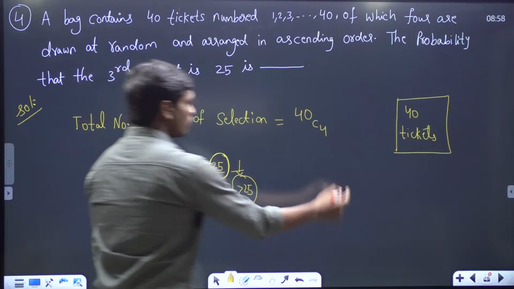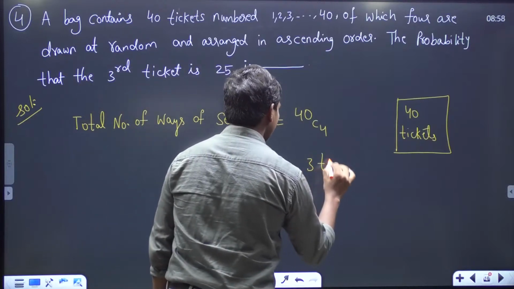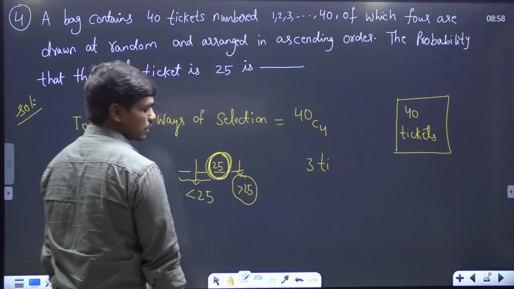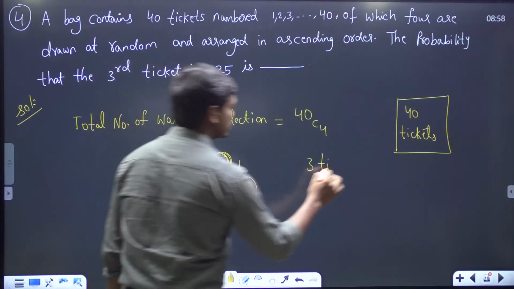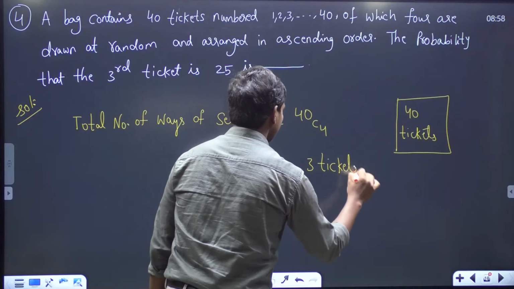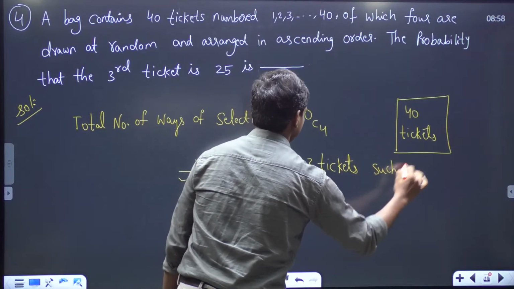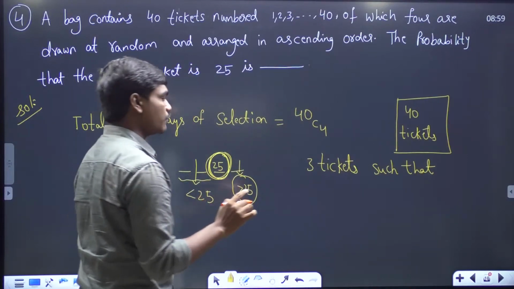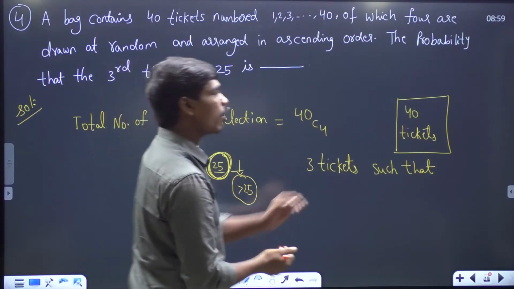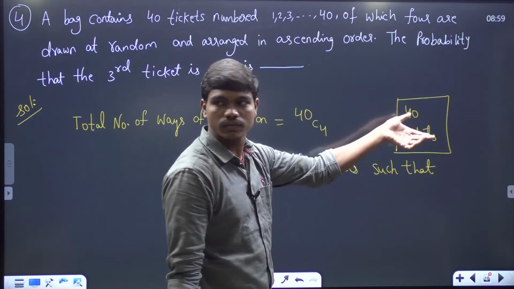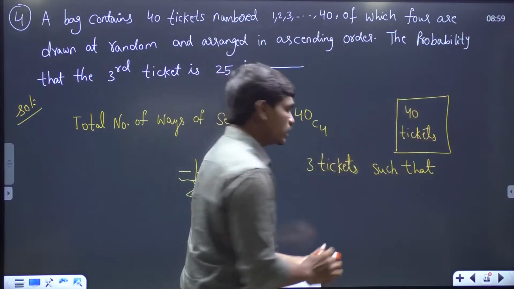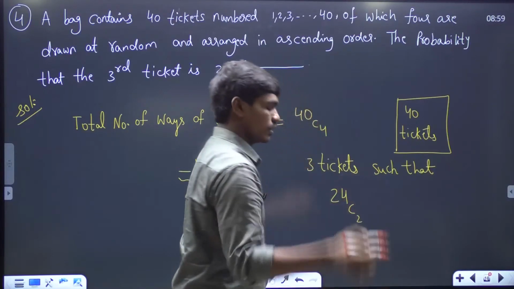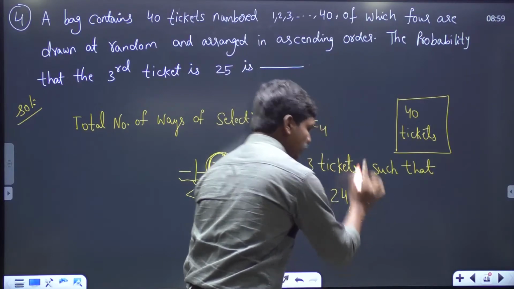Which means out of these 3 tickets that you need to select, because the third ticket 25 is already fixed, 2 of them should be less than 25. Total how many tickets are present which are less than 25? 24 tickets, correct? So from the first 24 tickets, you should select 2 tickets, and the task is not yet finished.